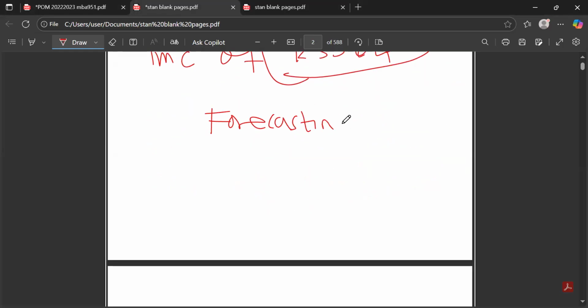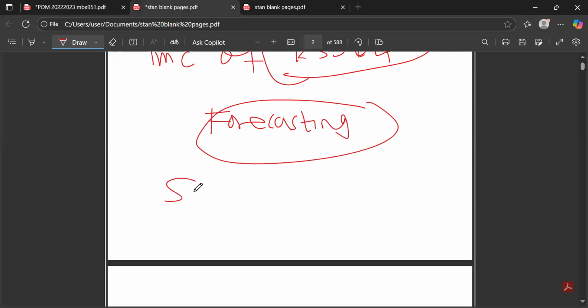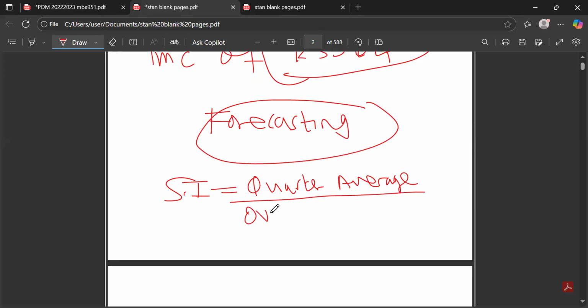Seasonal index is equal to quarter average over average. That's how you find the seasonal index. So quarter average over average.